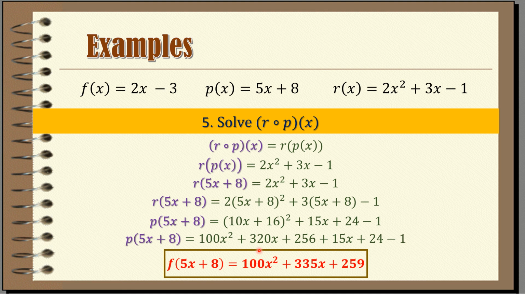Then we combine 320x and 15x, that is equal to positive 335x. Then combine 256, 24, and negative 1. 256 plus 24 minus 1, that is equal to 279. Therefore, R circle P of x is equal to 100x squared plus 335x plus 279. And here it ends our discussion for composition of functions.